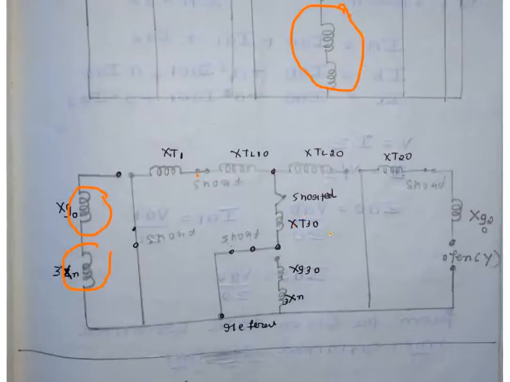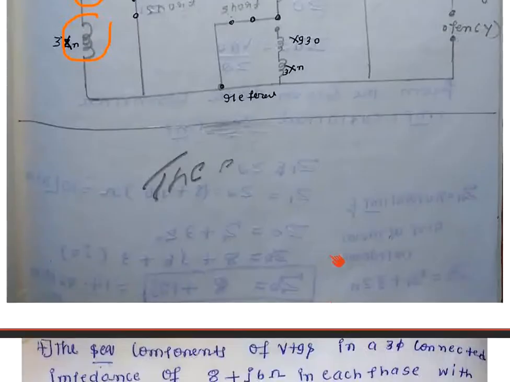The same thing happened here. Now again shortened, and since my generator is not connected to the ground, it is open, and this is my transmission line, Xg2. Then again it should be kept open. If it is a star and not grounded, you should keep it open for the generator.